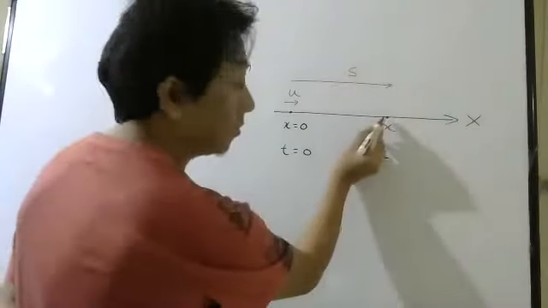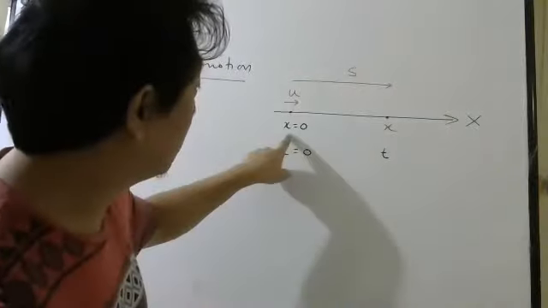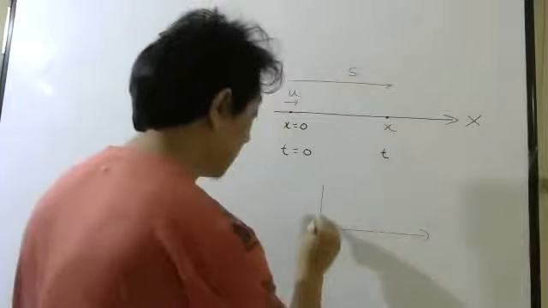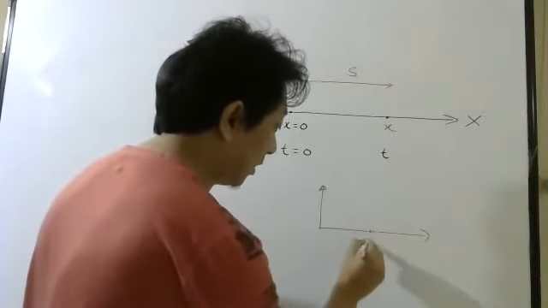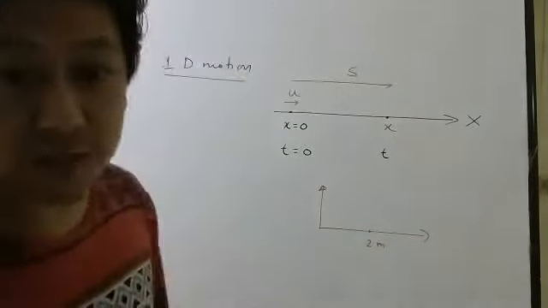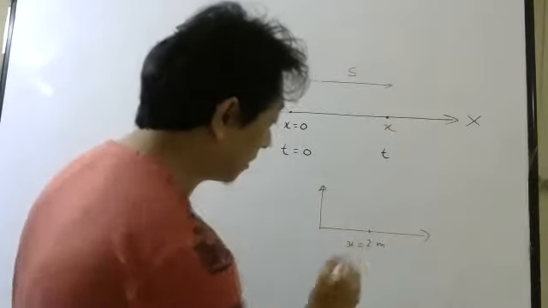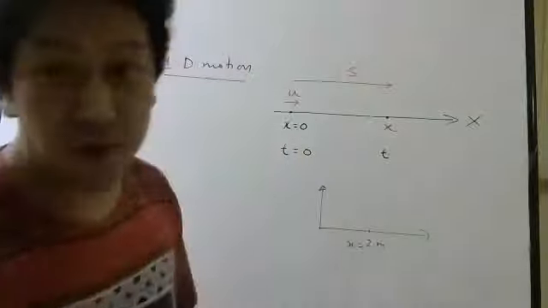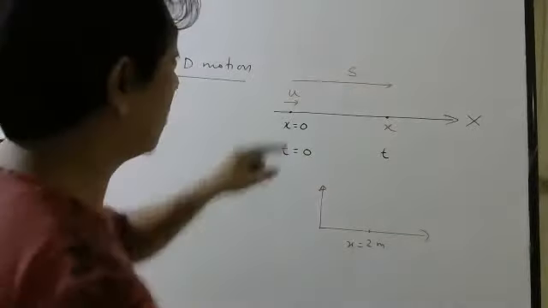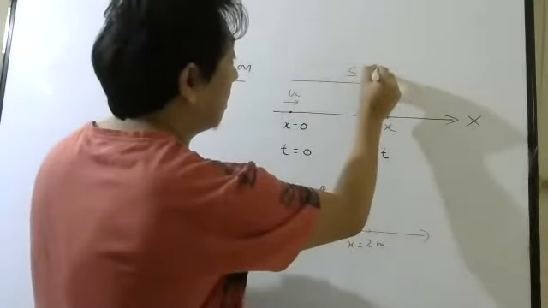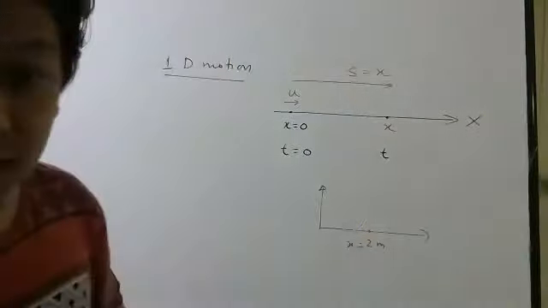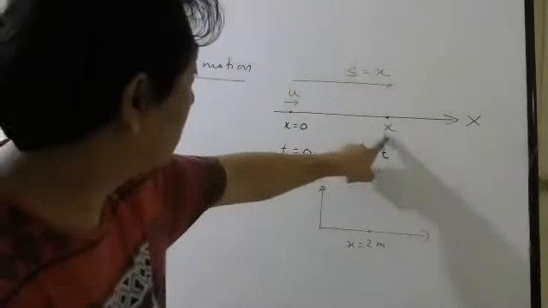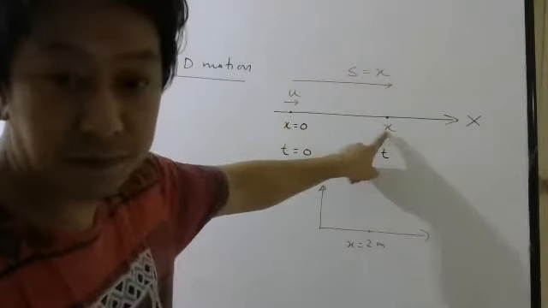If I write some point here, 2 meter, that 2 meter means x coordinate measured from origin. So this point also corresponds to your x coordinate. Therefore, I can write for displacement simply x. Because x means from origin to here. Okay, fine.